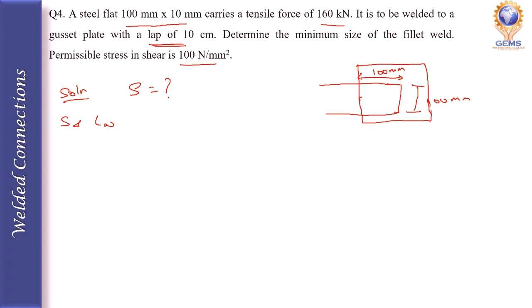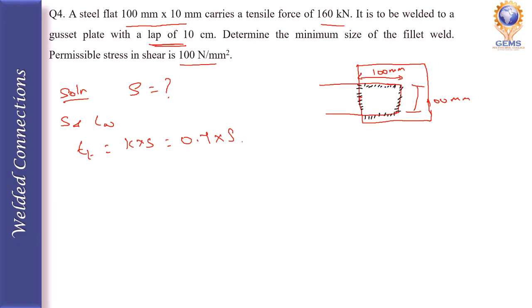If you take S as the size of the fillet weld, the throat thickness is equal to K into S, that is 0.7 into S. To have the minimum size of fillet weld, the weld has to be provided on all four sides with the given overlap of 100 mm.